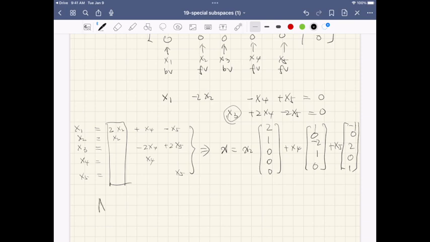All right. Then the null space is ready to write. The null space is the span of these three vectors. And this actually tells us the dimension of the null space is 3, which will be discussed in more detail.